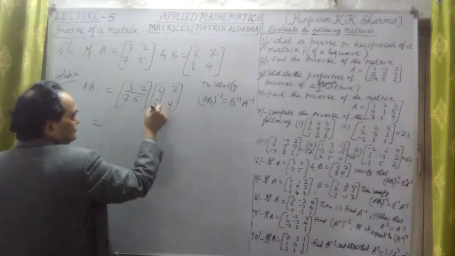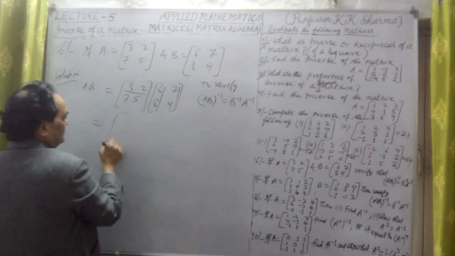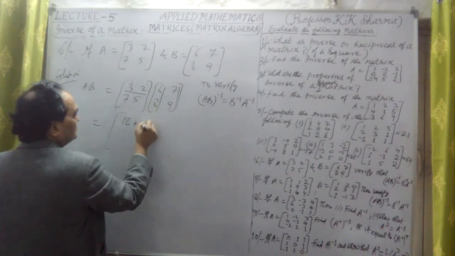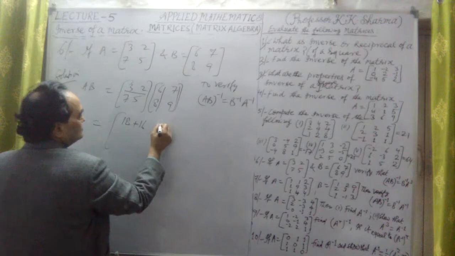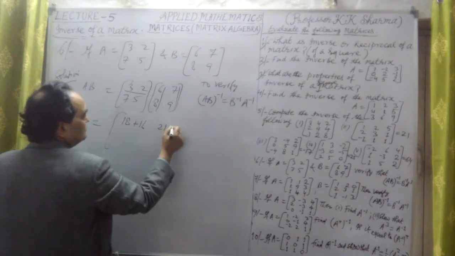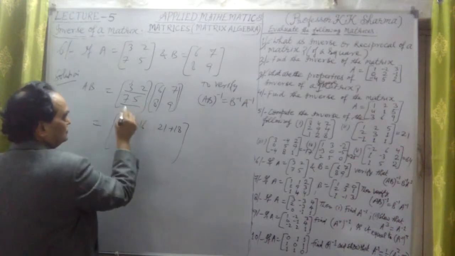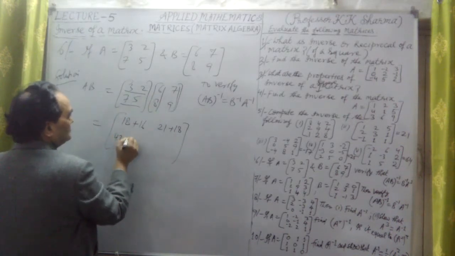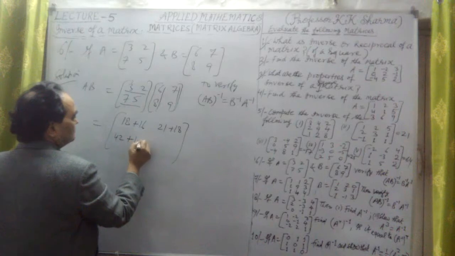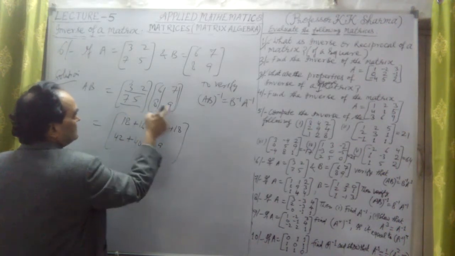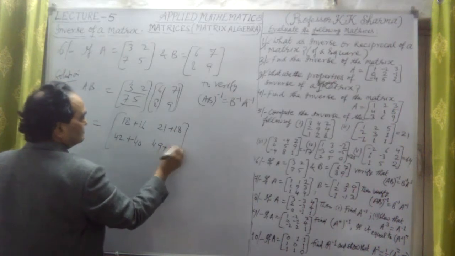Multiplying first row, first column, second column: 3 into 6 is 18, plus 2 into 8 is 16. Now 3 into 7 is 21, 2 into 9 is plus 18. Now second row, first column, 7 into 6 is 42, plus 5 into 8 is 40, and 7 into 7 is 49, 5 into 9 is 45.